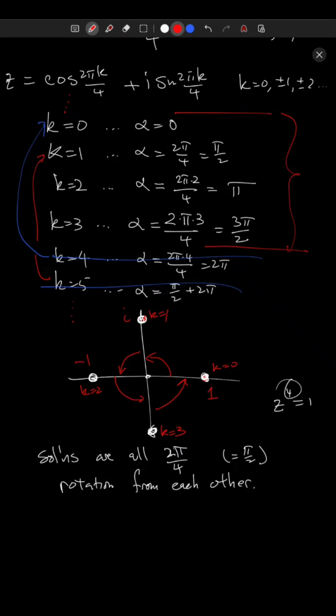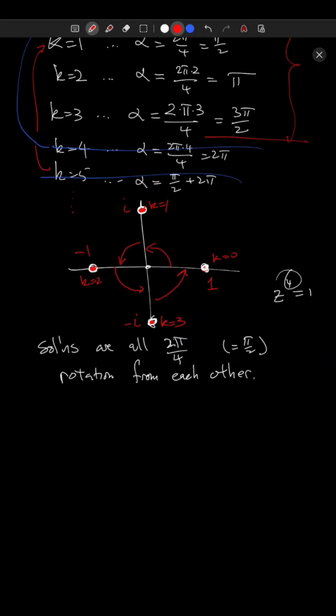You don't even have to write it in trig form to see this, of course, because the coordinates here are 1, 0, so that 0, 1, so that represents i. The coordinates here are minus 1, 0, that represents negative 1. And the coordinates here are 0, minus 1, so that represents minus i. All right, so that's an alternate way to see the same thing.